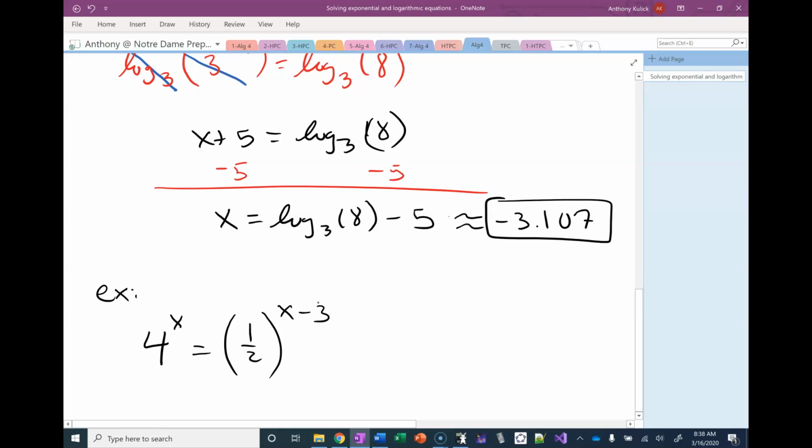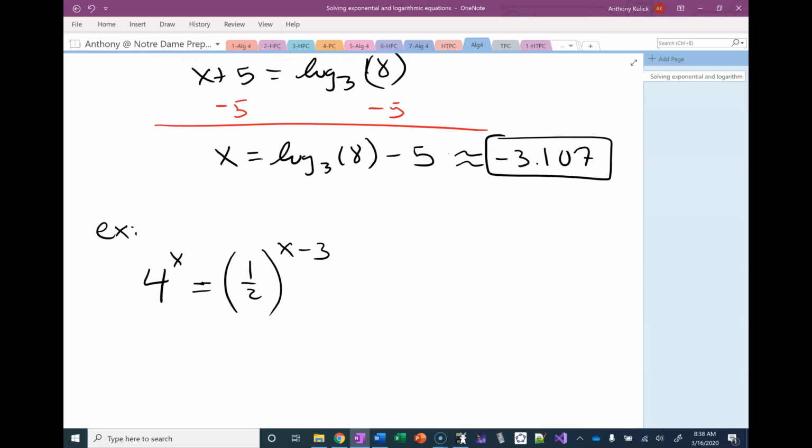So let's say, for example, we have 4 to the x is equal to 1/2 to the x minus 3. So my goal in a situation like this, where we have variables and exponents in two different locations, is I'm going to try to rewrite the bases of these exponentials so that they have a common base.